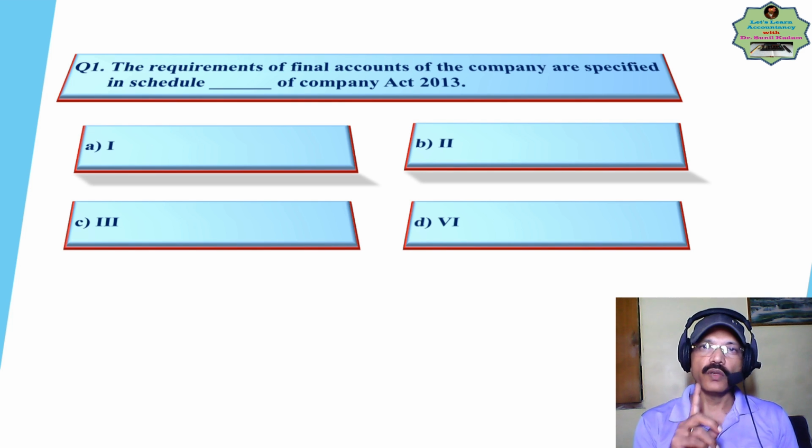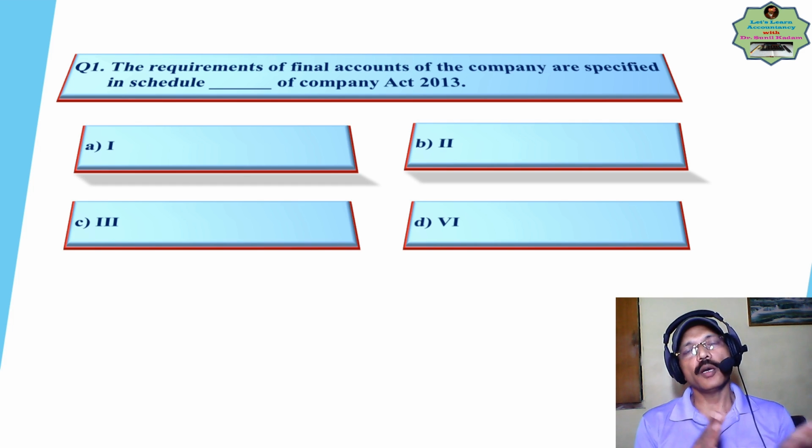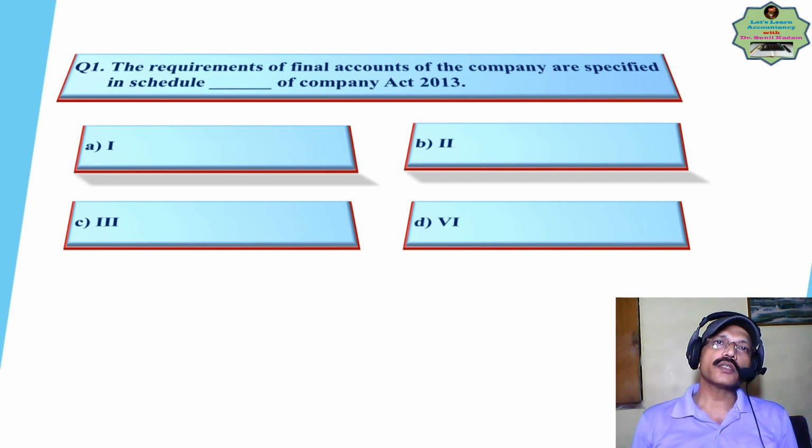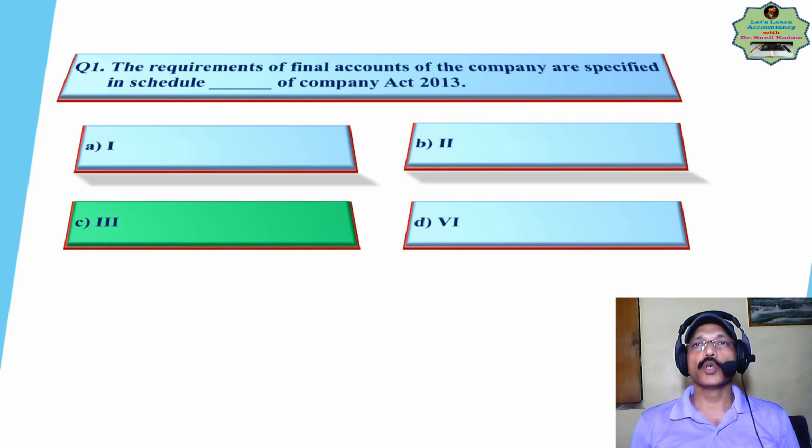Out of those 7, the third schedule provides the specimen or format for how to prepare the final accounts of a company, consisting of the profit and loss account and a balance sheet. The balance sheet is Part 1 and the profit and loss account is Part 2. Therefore the correct answer for this objective is Schedule 3. Friends, wherever the color is changed for an option, that is the correct answer. So the correct answer is the third.